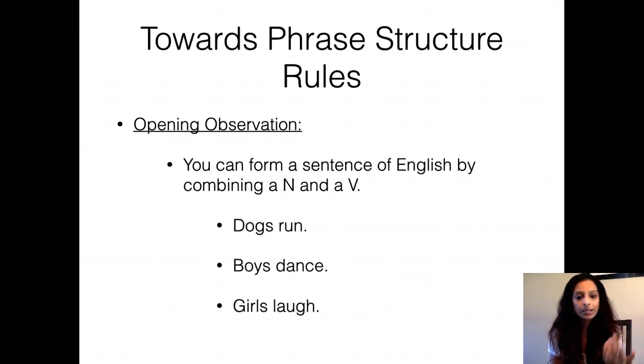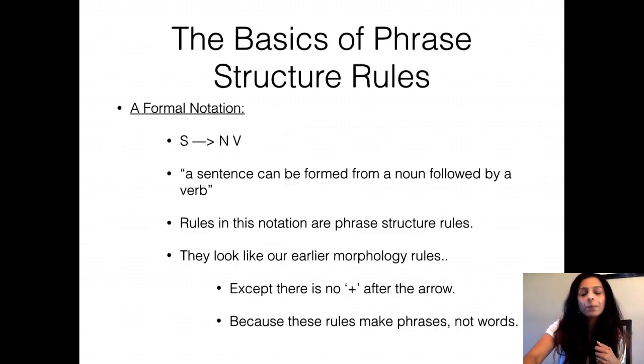Dogs run, boys dance, girls laugh. These kinds of sentences are called intransitive sentences of English because they take only one subject and they cannot take an object. So you cannot say dogs run John, boys dance girls, girls laugh boys, right? Those are ungrammatical sentences of English, suggesting that these verbs can only take a subject and no object. So these are intransitive verbs of English.